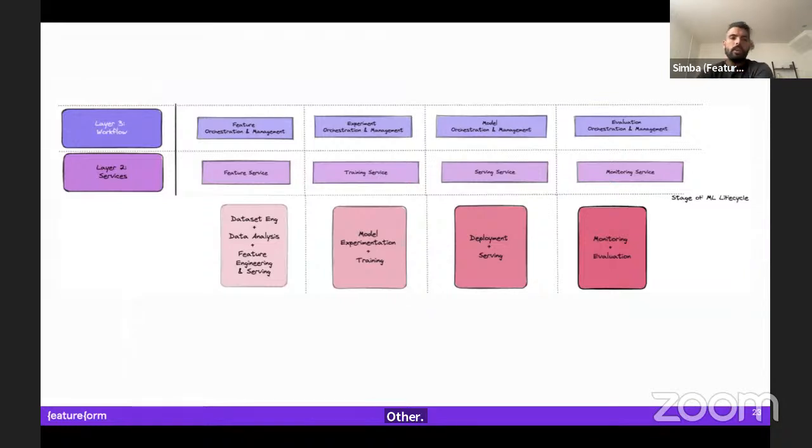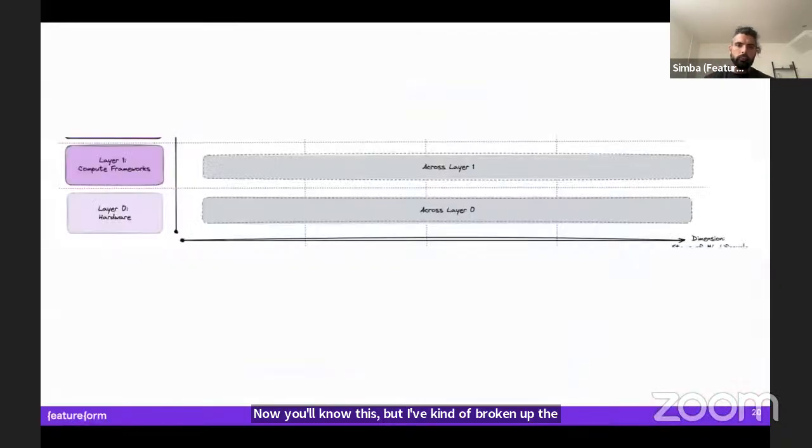Now, above the hardware and compute framework layer are layers 2 and 3. This is going to be the meat of the presentation because I think this is what makes up MLOps. These are the different components of MLOps, from the data all the way to monitoring and evaluation. You'll notice that I've broken up the MLOps layer. To be clear, layers 0 and 1, like Kubernetes, are not MLOps tools.